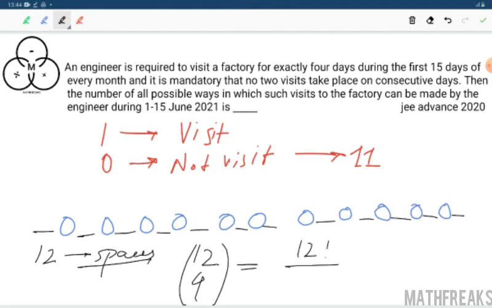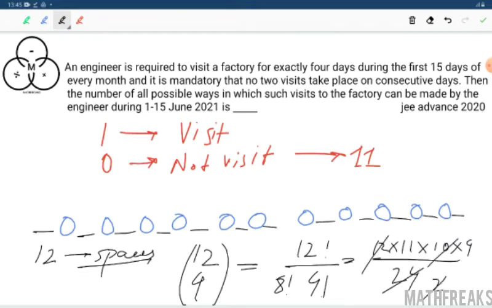12 factorial over 8 factorial 4 factorial: 12 into 11 into 10, am I doing it correctly? Yes, 9 over 24. 5, this is 45, this is 11.